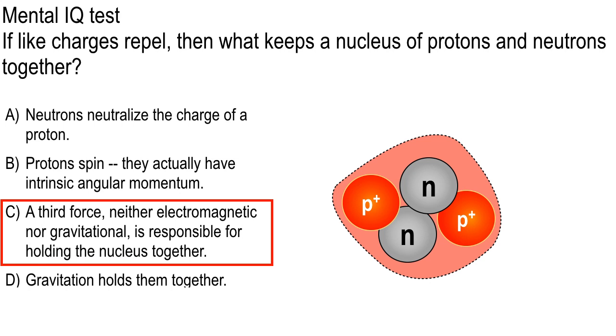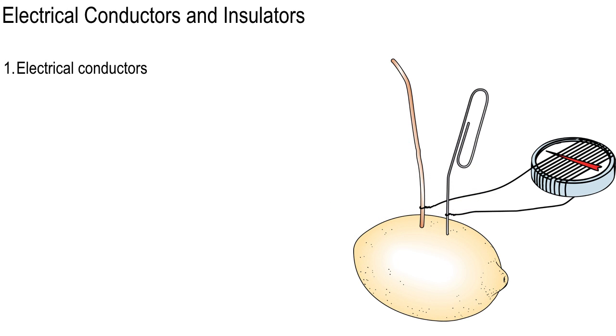All right, now, let's talk about electrical conductors and insulators for just a few minutes. What makes a conductor? Well, a conductor is a material where the electrons are free to move throughout the material, or relatively free.